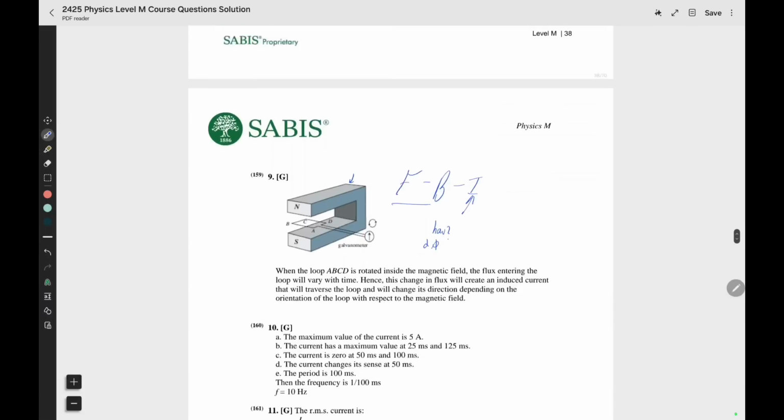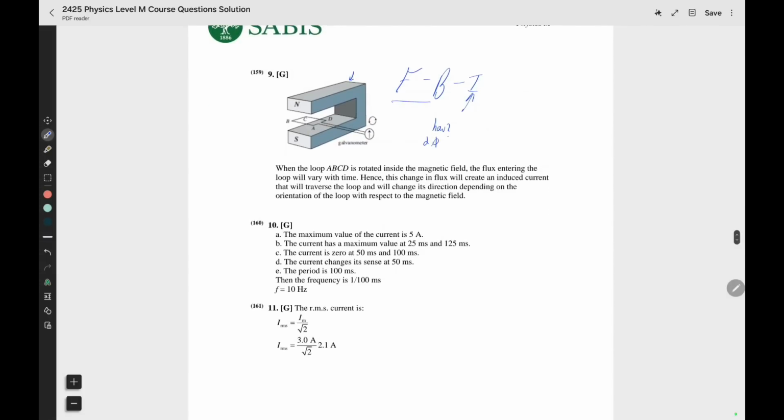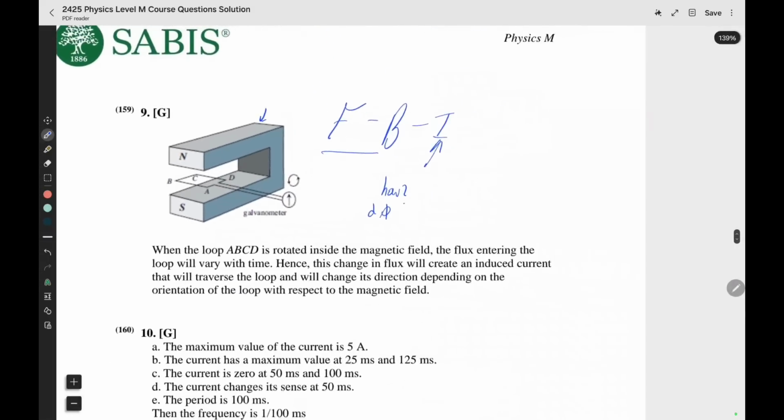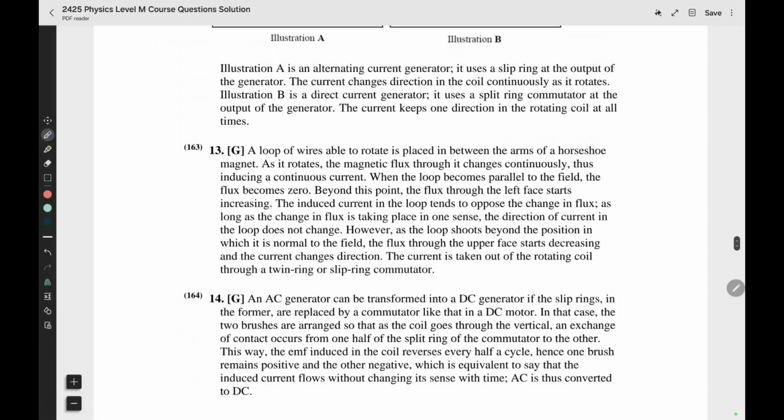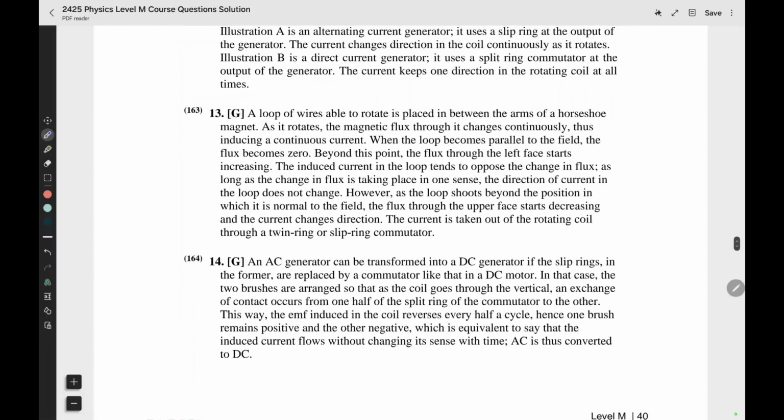Okay, they didn't say it here, but remember that it changes every half rotation. The AC. Oh wait, they said it here, no? AC generator. In that case, the two brushes. Yeah, okay. We will get to it later.